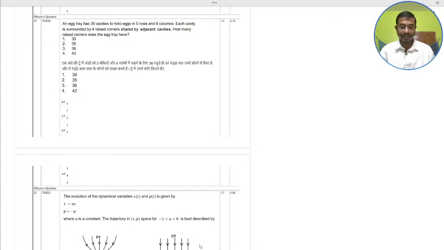So there are 7 vertical lines, meaning 6 columns plus 1 extra line, and 8 horizontal lines. So the total number of intersections, that is the 7 vertical lines into 6 horizontal lines, this is simple.